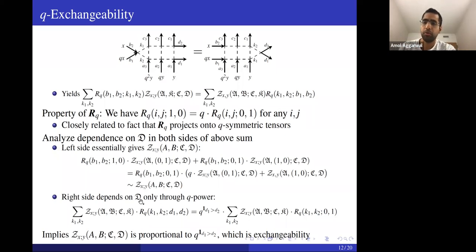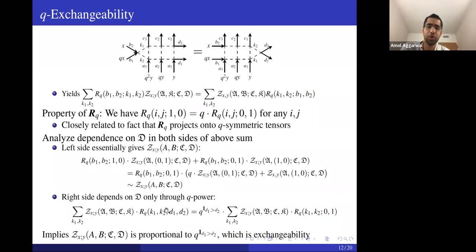And in this R_q, it does depend on K1 and K2, but what I should say is that R_q of K1, K2, D1, D2, if D1, D2 is 1, 0 or 0, 1, I'll only be multiplying my result by a factor of q.